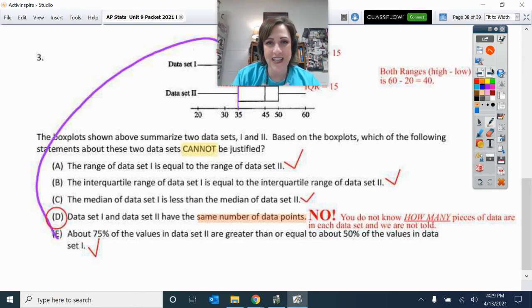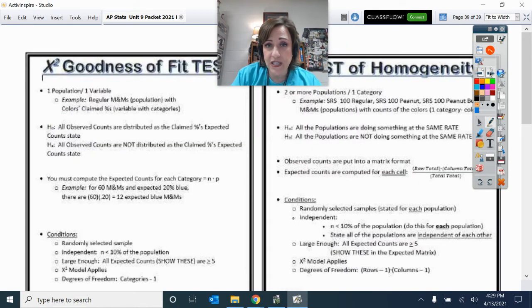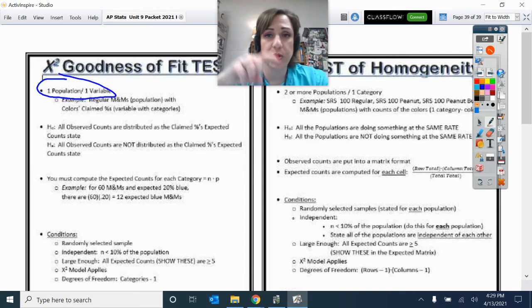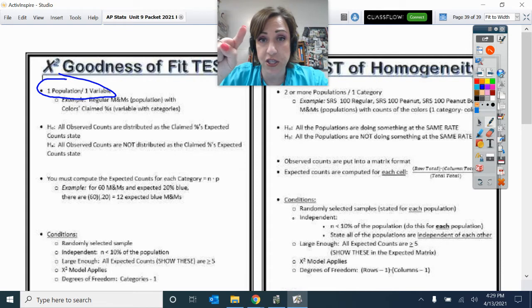All right, there's that. Now, this summary page is good because it goes over the number of samples or populations and the number of variables. Samples, variables.